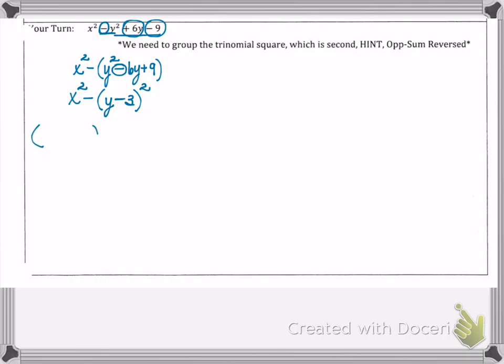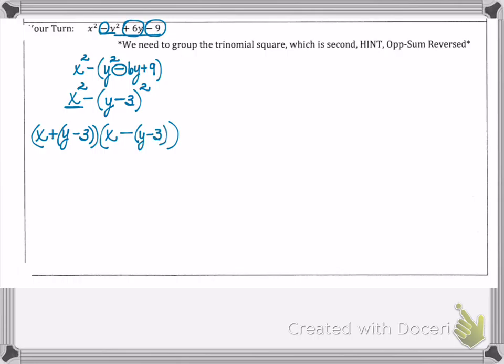So I want two big sets of parentheses for 3 terms. The first term is easy because the square root of x squared is just x. But I want a plus and I want a minus, and you're going to need parentheses within parentheses because we're going to have plus y minus 3. Don't really need parentheses there, but they are there because we're taking that whole grouping. And we need minus y minus 3.